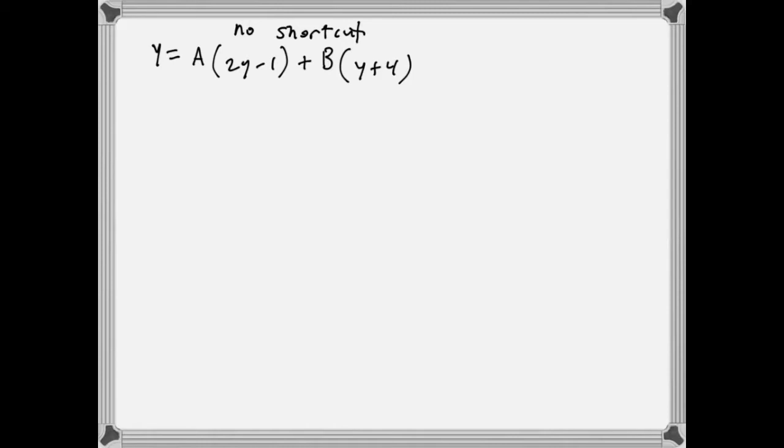So the right side actually becomes the following, right? We have 2ay minus a plus by plus 4b. All that's equal to y. And here's how it works, okay? We're going to take every coefficient. Let me write it this way just so you see it.